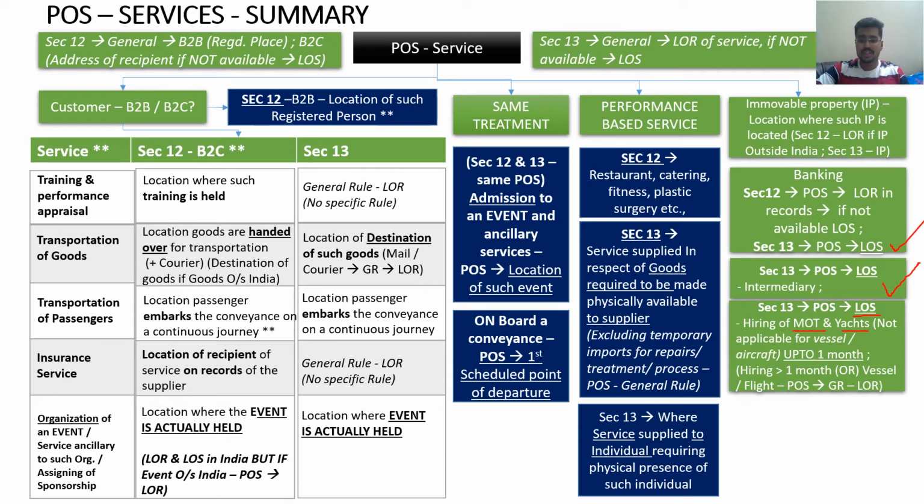However, this is not applicable for hiring of vessel or hiring of aircraft, right? It is only applicable for any means of transport other than vessel and aircraft, but it includes yachts. What is a yacht?